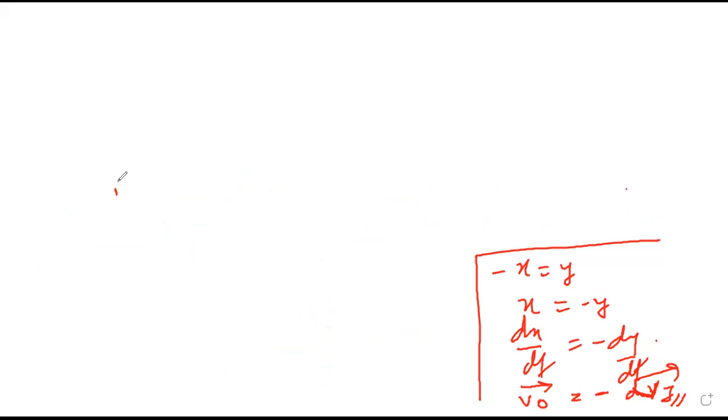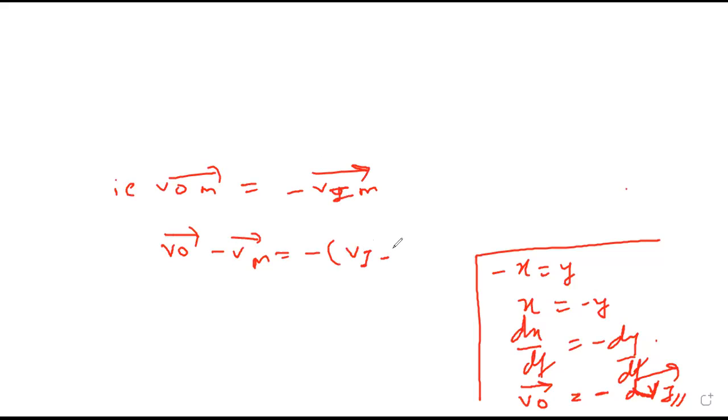So we can say that the velocity of the object with respect to the mirror is opposite to the velocity of the image with respect to the mirror. This is nothing but velocity of object minus velocity of mirror equals minus of velocity of image minus velocity of mirror.